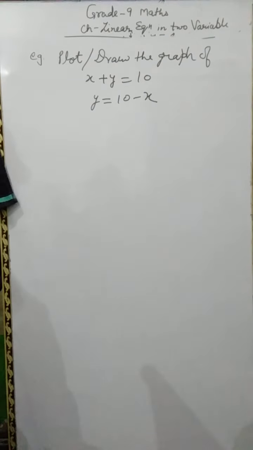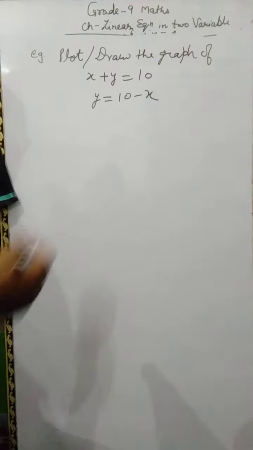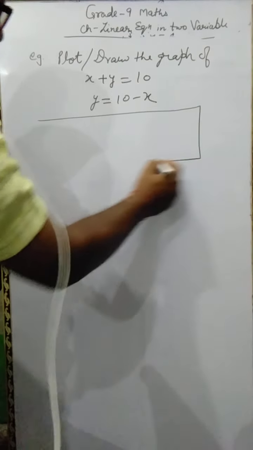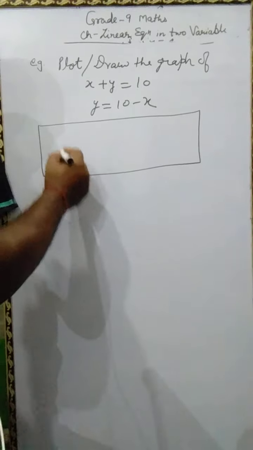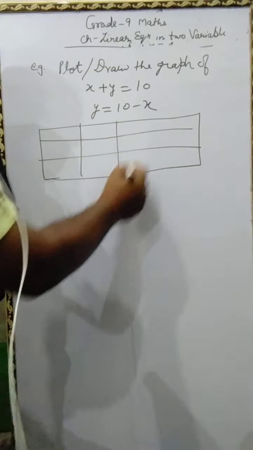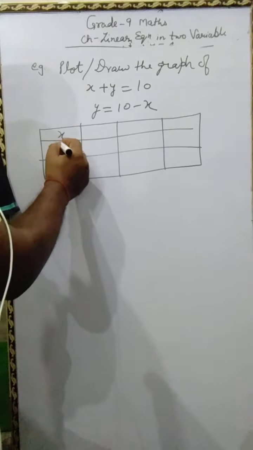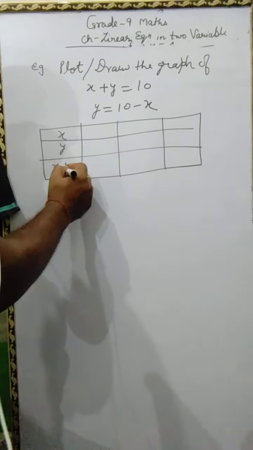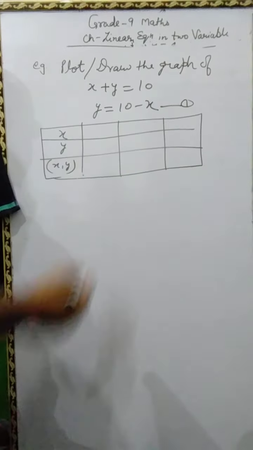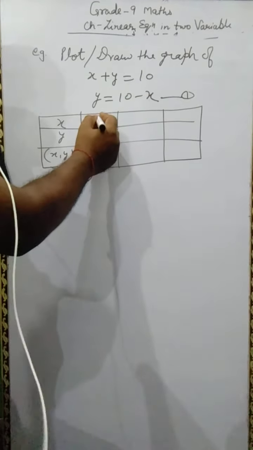Now we will find out the solution points, and to find them I will make a box and we will try to fill that box: x, y, x comma y. In this equation, put x equals to 4.